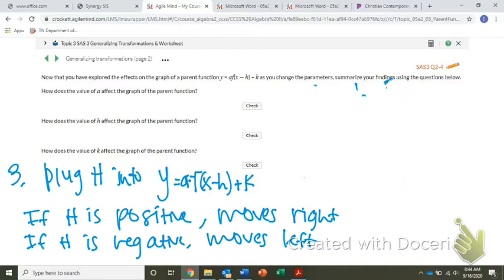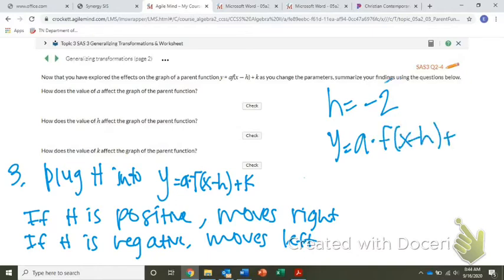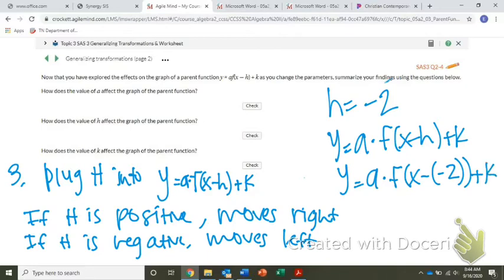Now, if I change this and say that h is negative 2, here's my function. I'm plugging negative 2 in for the letter h. Y equals a times f of x minus a negative 2 plus k.